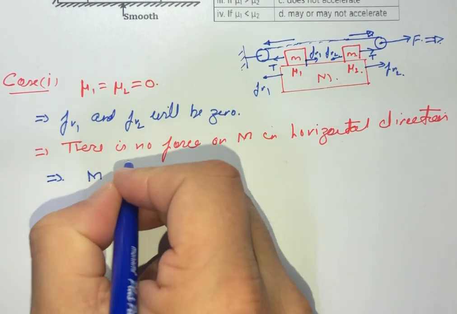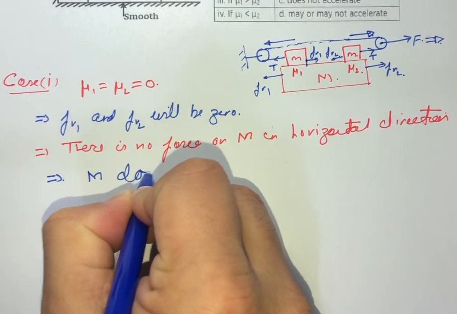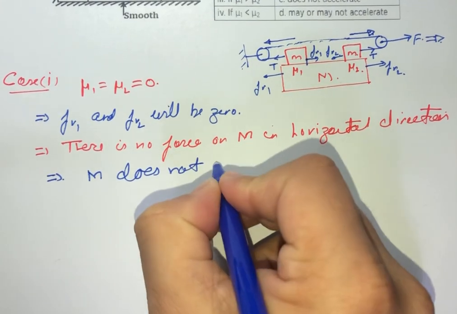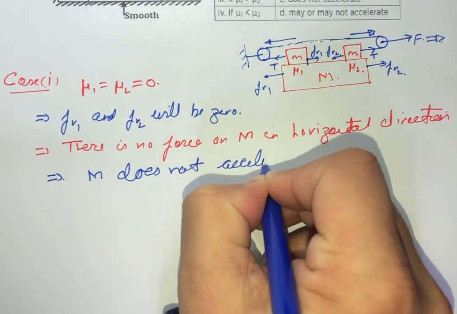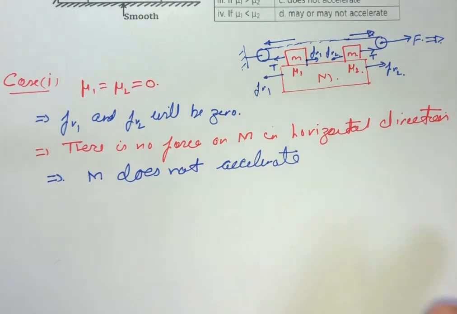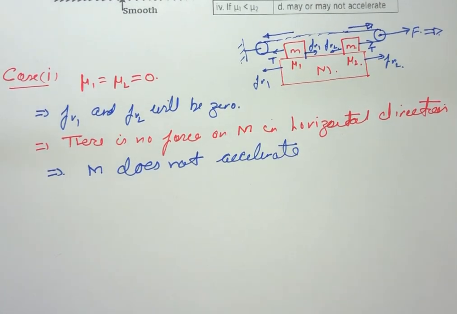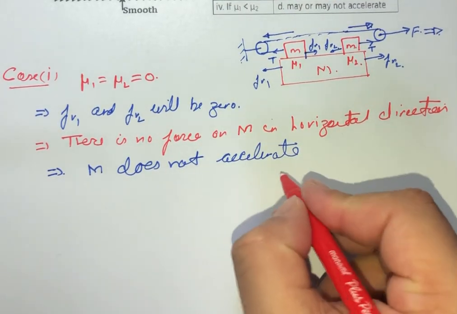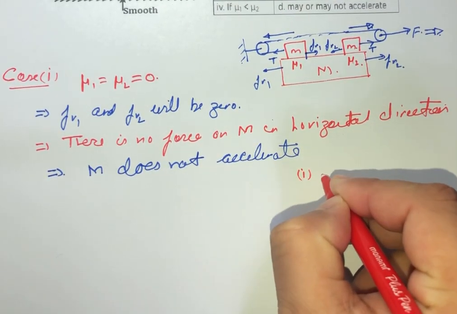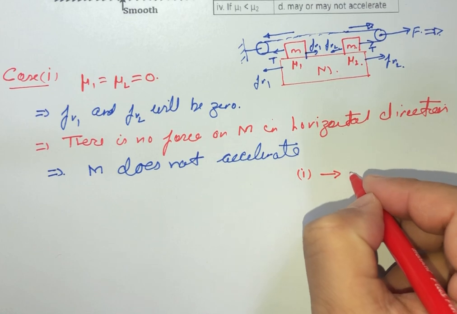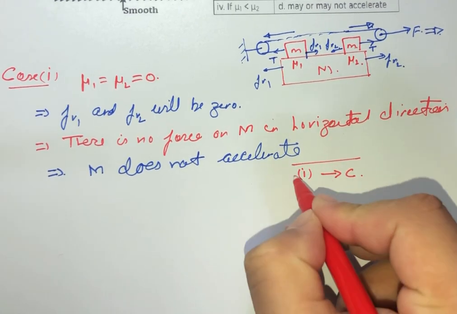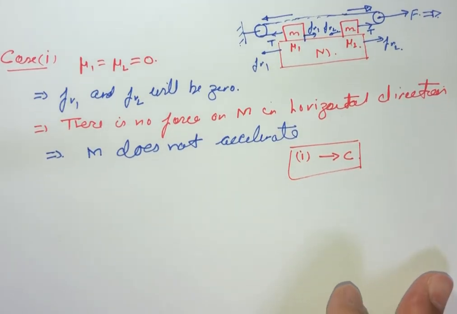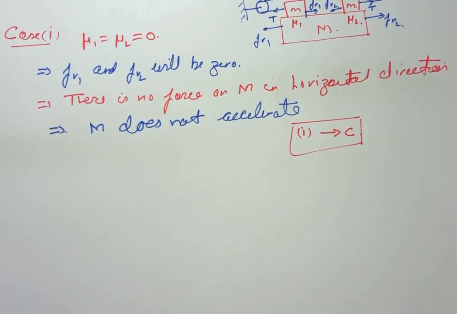M does not accelerate. So for case 1, option C is the correct one. You can say 1 is matched with option C.